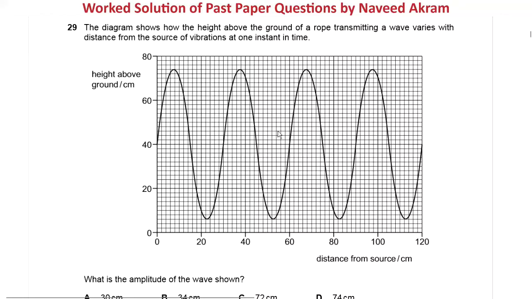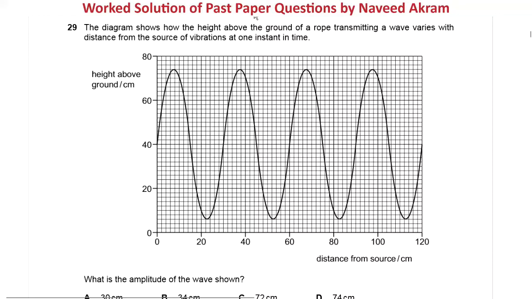So we have height on the y-axis and distance on the x-axis, and we have to find the amplitude of the wave. Now what is the amplitude? Amplitude is the distance of the wave from mean position to the crest, or from mean position to the trough.